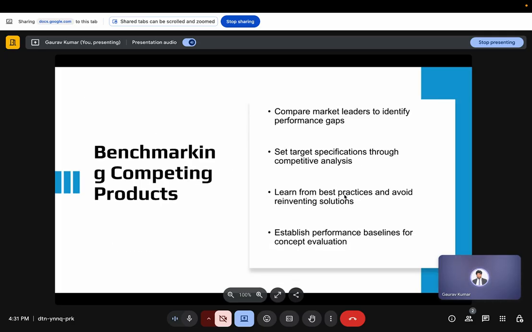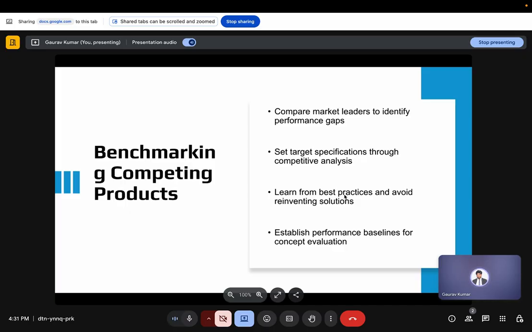Now we are benchmarking the competing products. Benchmarking anchors ambitions to market reality. We analyze best-in-class metrics, architecture, and user experience patterns to set the targets. So we learn from the strengths and weaknesses, adopt the proven patterns, avoid known pitfalls, and surpass gaps, and competitive targets inform cost and process choices.